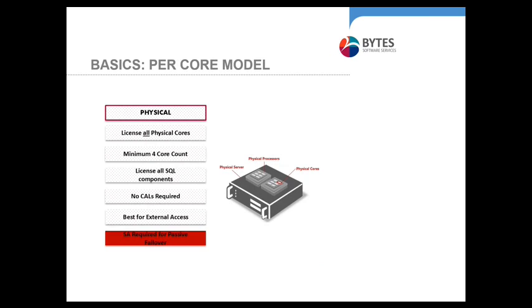So looking at the physical side of things, you have to license all the physical cores, you have to license all physical processors with a minimum of 4 cores, and when licensing on the per core licensing metric, you negate the need for SQL CAL licenses, so it's a really good fit for externally facing servers. And here's a key change: you need active software assurance for passive failover. Anyone upgrading or renewing software assurance or buying a new SQL 2014 license will be affected.